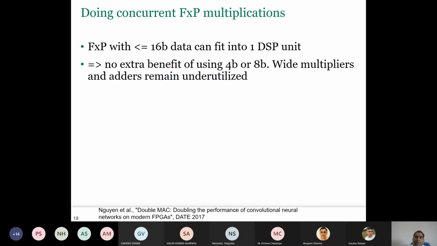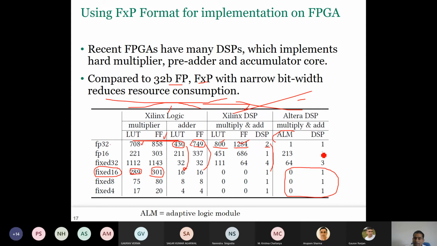Now, next thing is, here you observe one point: coming from floating point to fixed point gives you advantage, and coming from 32-bit to 16-bit gives you advantage. But when you go below 16, for example, 16 to 8 or 16 to 4, there is no additional advantage. Fine, right? Going from 32 to 16, you have advantage, and going from floating point to fixed point, you have advantage.